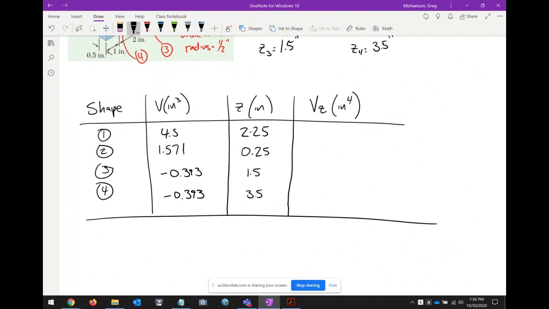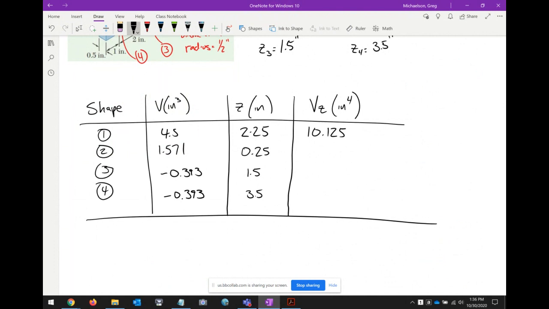And then at this point, it just becomes kind of rote, okay? So we just take each row, so 4.5 times 2.25. This is going to be 10.125, right? So next I've got 1.571 times 0.25.